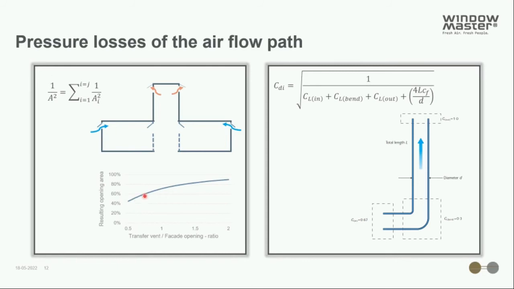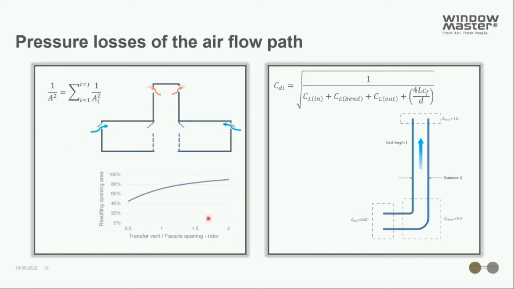We can see the larger the transfer vents become in relation to the opening area of the facade, the closer it will be to the original opening area, which is the 100% in this case. So the 100% is if we had the same case as before without internal obstruction. So we had a completely free flow.